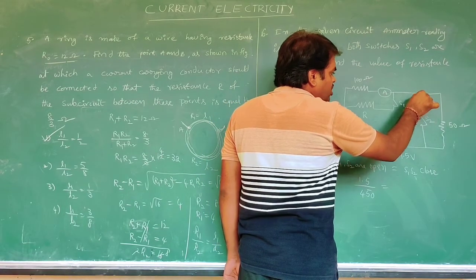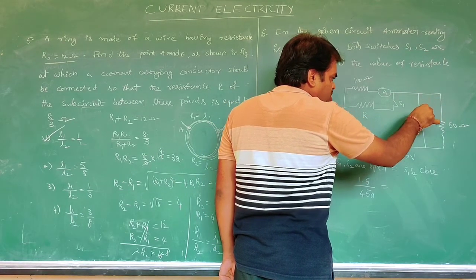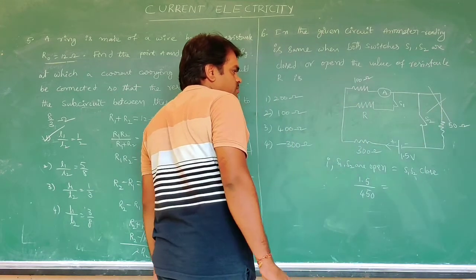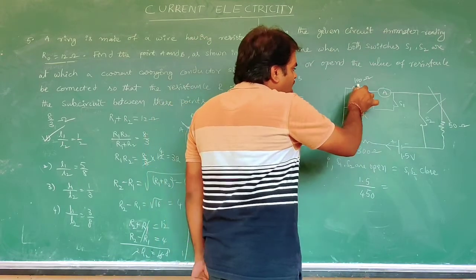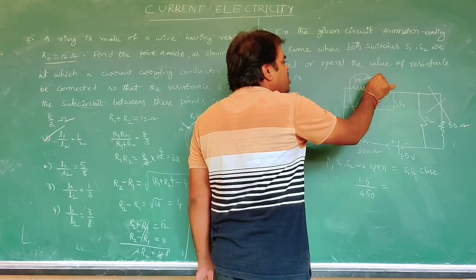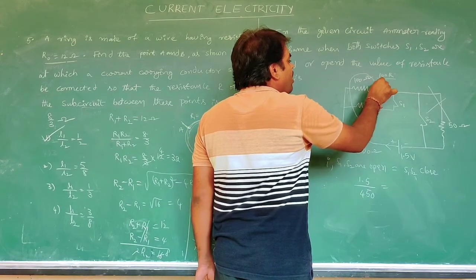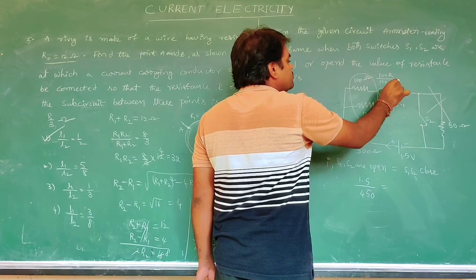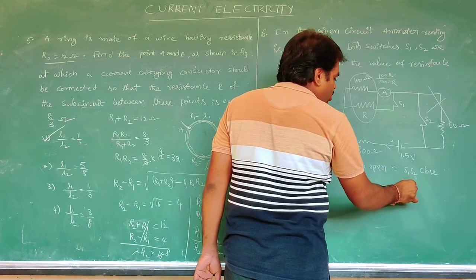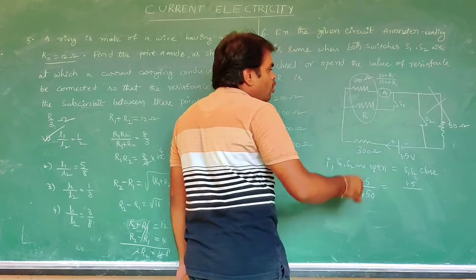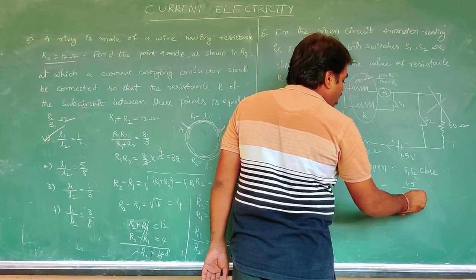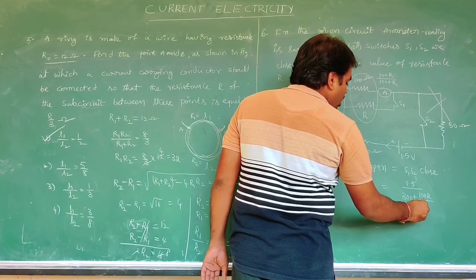But at this point the switch is closed, means the current will pass through this only. Current does not pass through this. Then here 100 and R ohm are in parallel. In the parallel combination, 100 R by 100 plus R. And this is in series. That's why the current is 1.5 by, now total 300 plus 100 R by 100 plus R.